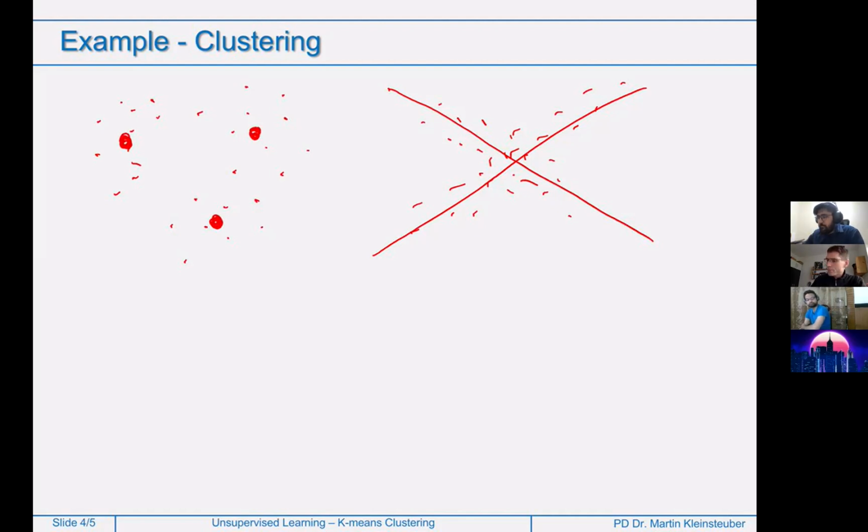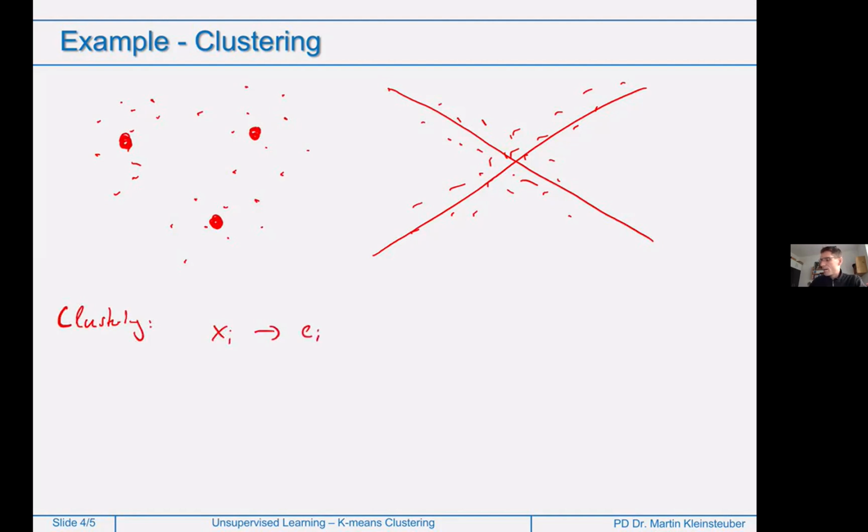Good. Yes, so that's the clustering example. So the clustering example says, okay, clustering: take an input xi and assign it to some cluster ci, right?